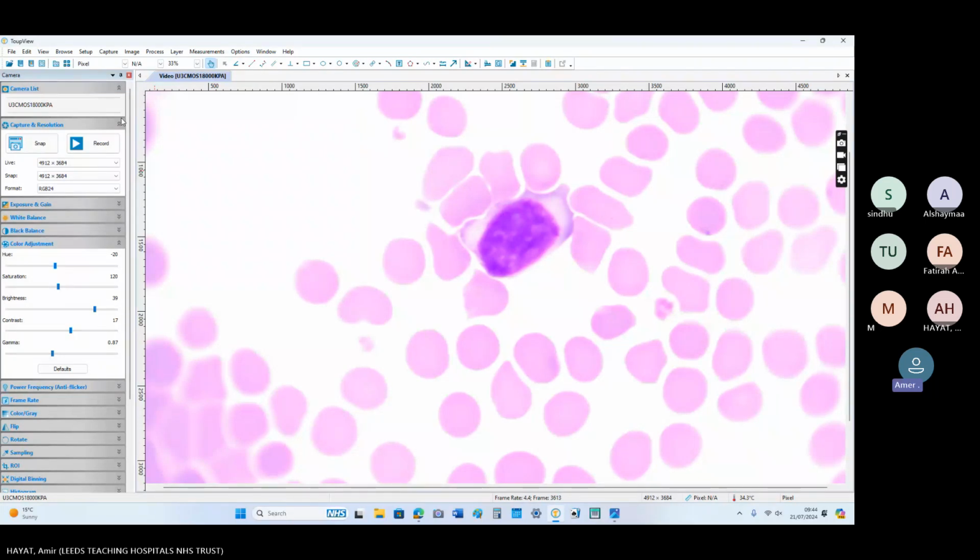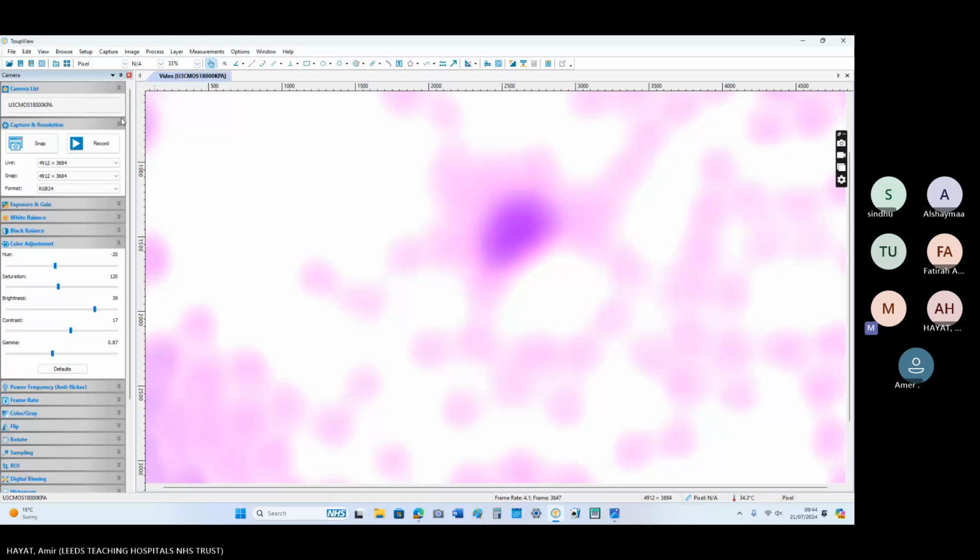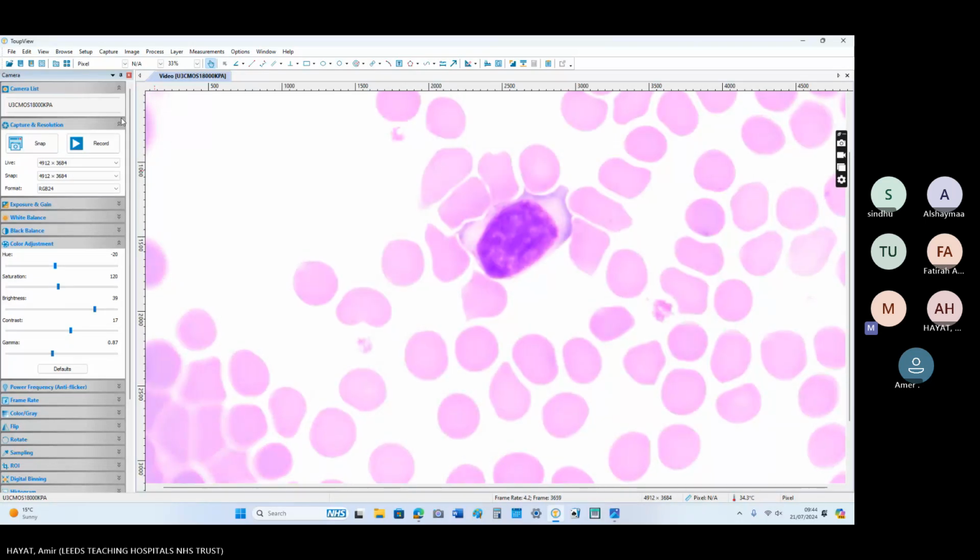The investigation you would do next will be the heterophile antibodies, that is the monospot test, or you can ask for EBV specific antibodies. Yes, EBV serology or PCR. We also do HIV and hepatitis serology for such patients as well, and monospot test or EBV serology.